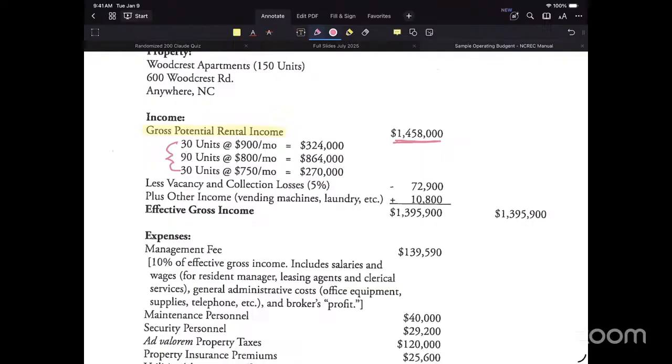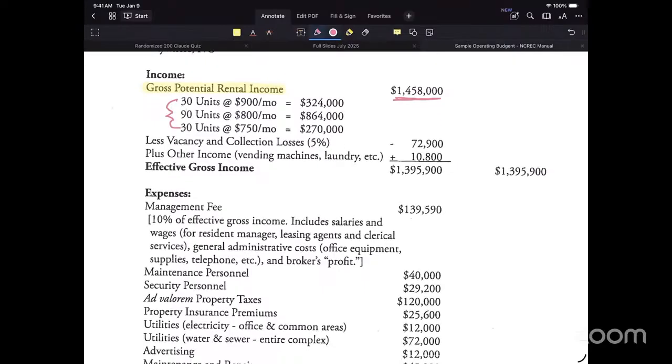So you shouldn't look at the potential income and think that's how much money you're going to make this year. Absolutely not, because people be peopling. As a property manager, you should know what your average vacancy rate is. Because I'm an experienced property manager, I know we usually have about a 5% vacancy rate. I also know we have laundry and vending that bring in some money.